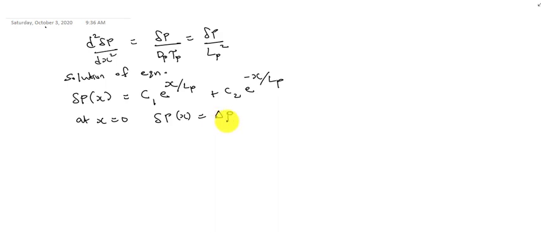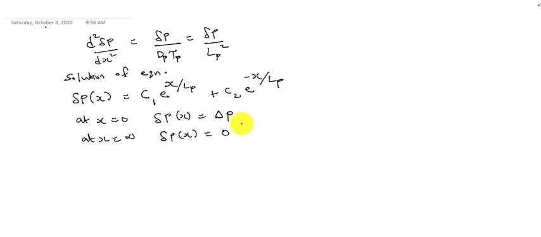And at x equal to infinity, it will gradually decrease to 0, so we can write delta p of x equals 0 at infinity.